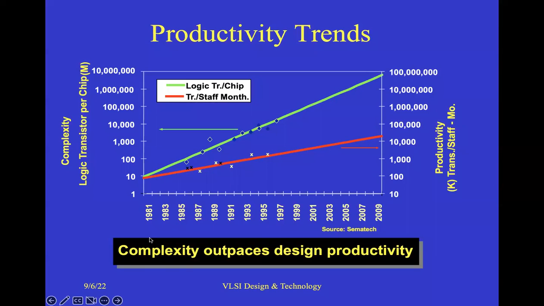So 1981, okay, about 10 logical transistors per chip. If we go down to 2009, that's about 10 crores, right? So it's all in billions now. It's all in billions. So billions and billions of transistors are being packed.